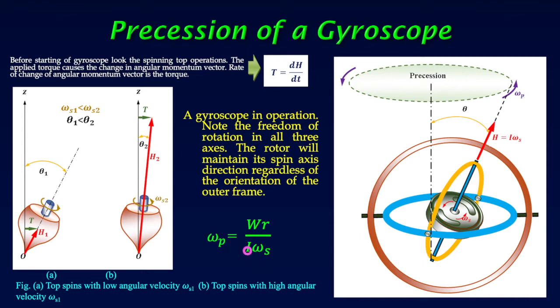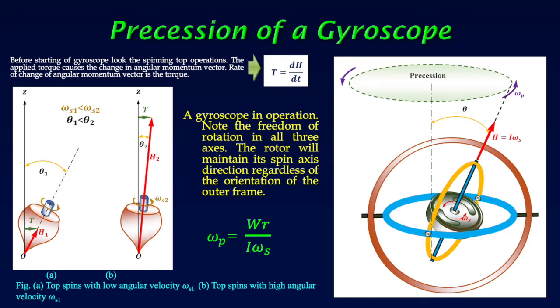From here it is clear that precessional angular velocity is inversely proportional to omega s, or spinning angular velocity. Now, in both the cases the torque applied is the same, this T and this T, by magnitude and direction.